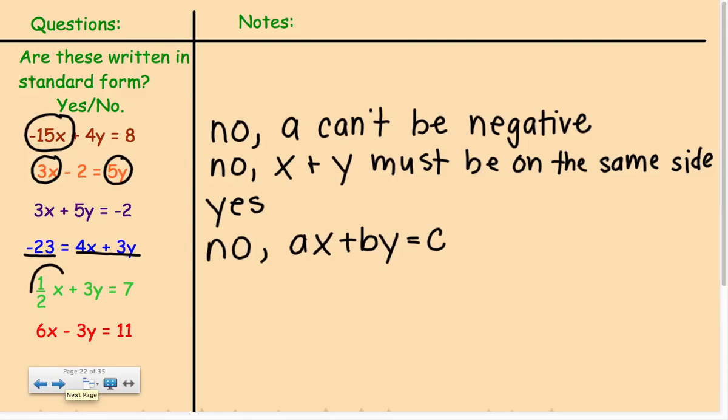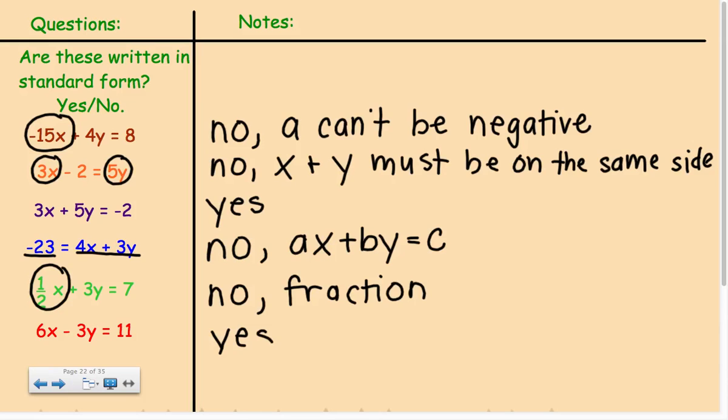Fifth one, we've got a fraction, which is not allowed. So no, there's a fraction. And last, 6x minus 3y equals 11. A is positive. X and y are on the same left side. We have no fractions, no decimals, and B and C are integers, so that one would be yes. All the rules are followed.